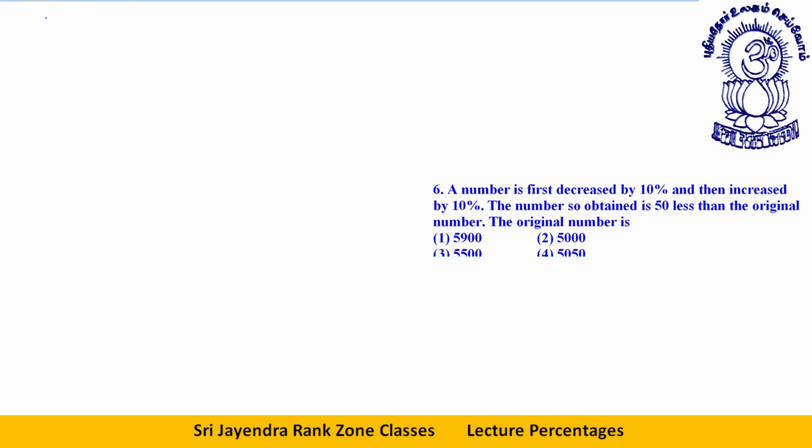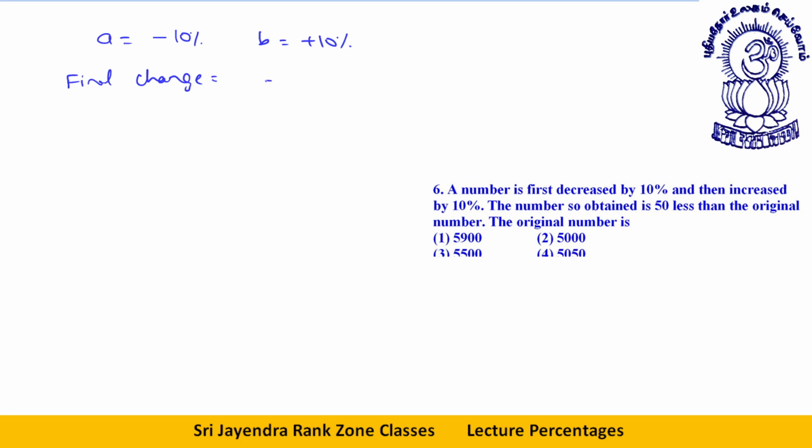See, the question is: a number is first decreased by 10% and then increased by 10%. The number obtained is 50 less than the original number. The original number is, see, first of all, let's calculate the final change. Here, what do we have? A is equal to minus 10%, B is equal to plus 10%. So, what will be your final change?